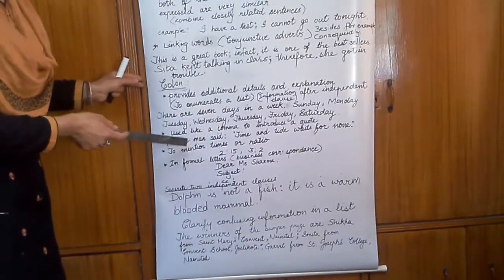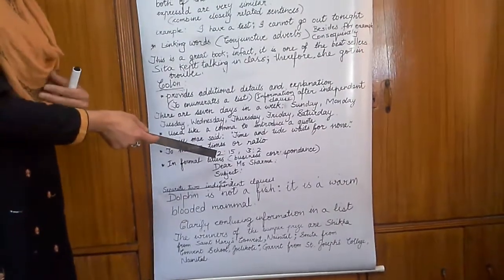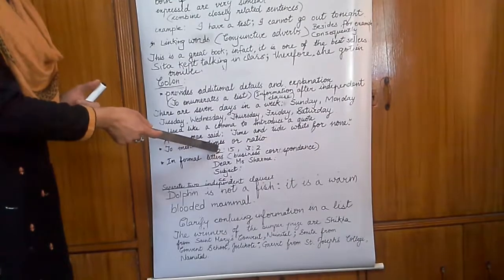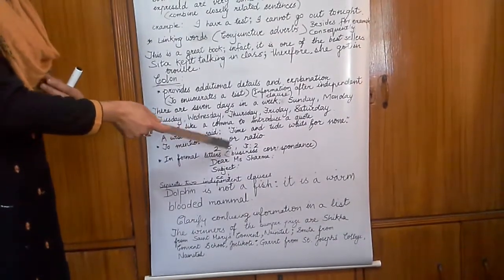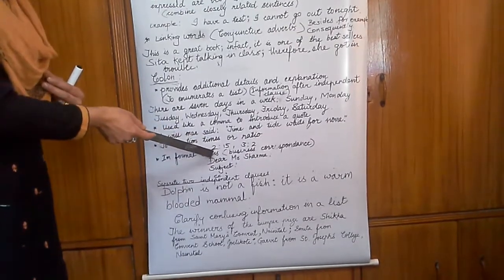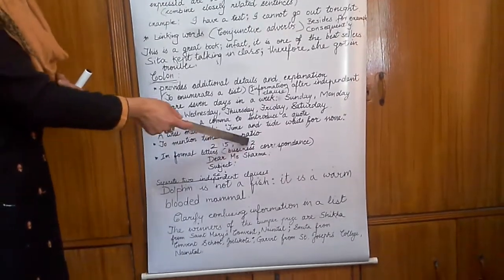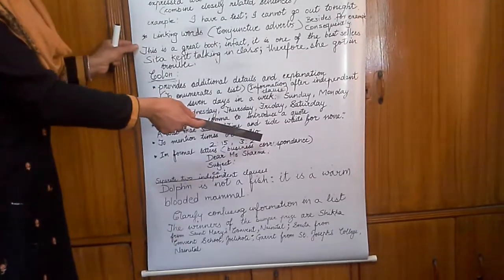You can also use this colon to mention times, like to separate the hours from minutes: 2 o'clock, 2:15. And how are you separating the hour from minutes? Like this. You can also use this colon to mention ratios, 3:2.